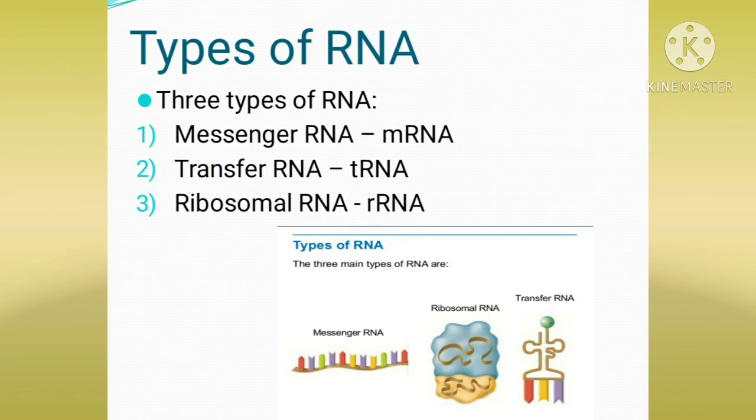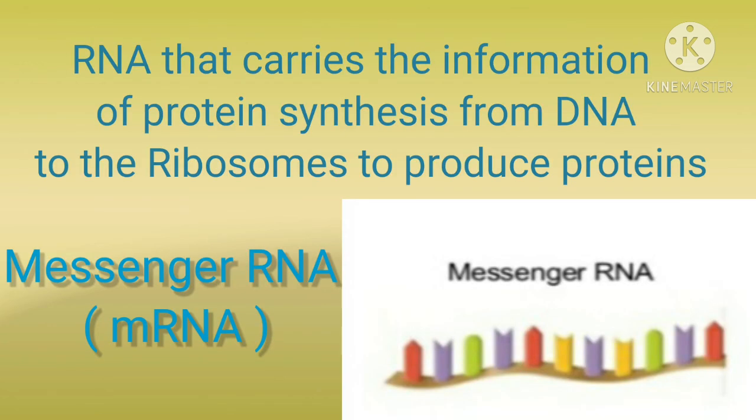According to function, there are 3 types of RNA. They are: number 1, messenger RNA or mRNA, number 2, transfer RNA or tRNA, and number 3, ribosomal RNA or rRNA. The RNA that carries the information of protein synthesis from DNA to the ribosomes to produce proteins is known as messenger RNA or mRNA.